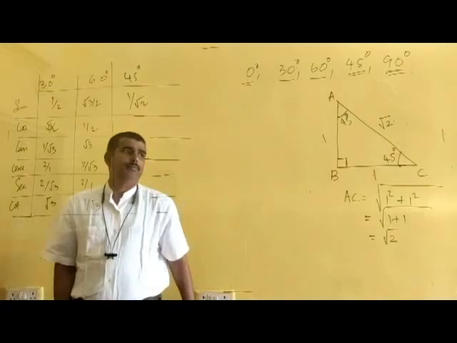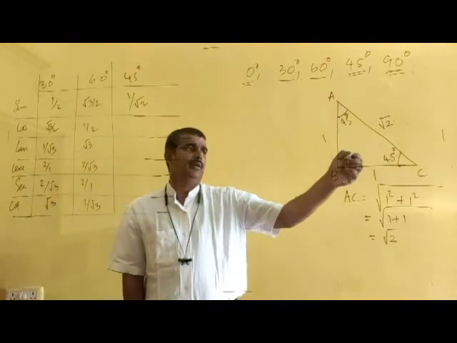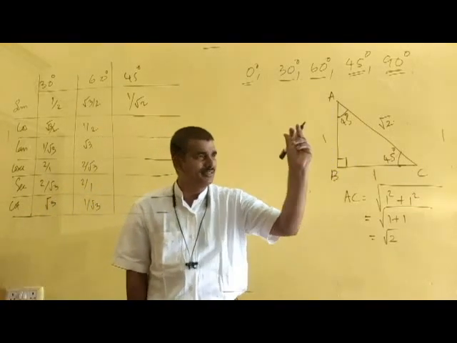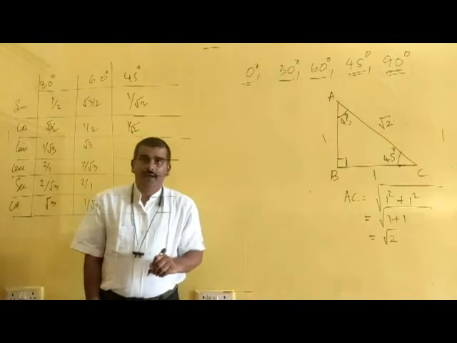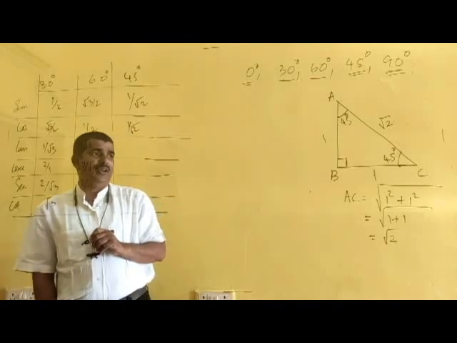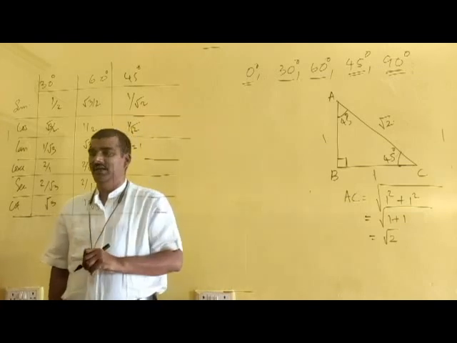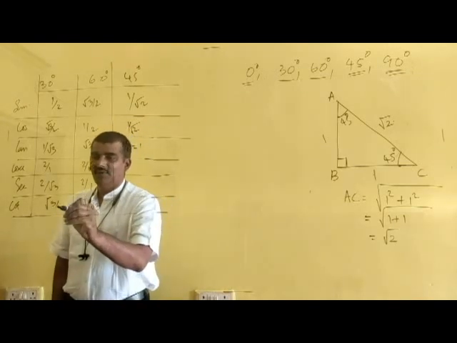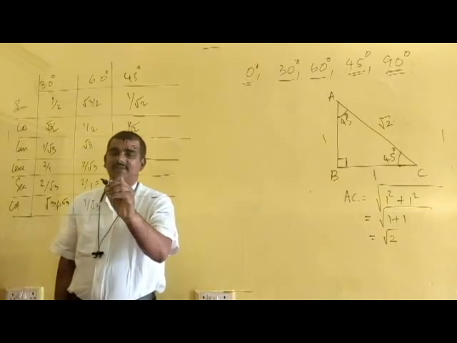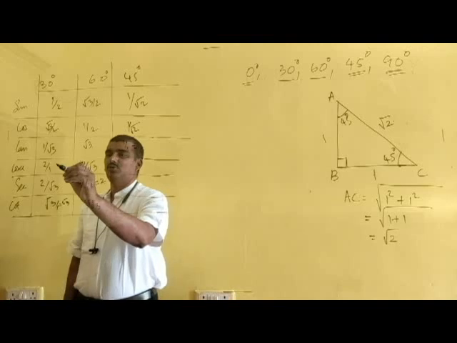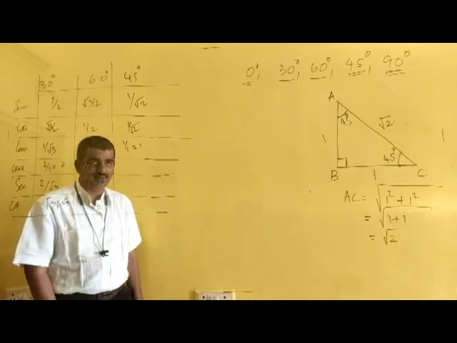Cos 45, adjacent side divided by hypotenuse, here adjacent side is also 1, that is why 1 by root 2. Now tan 45 means opposite side divided by adjacent side, 1 by 1, that is equal to 1 only. Cot is also 1. Here sec is root 2 by 1, that is root 2 only.